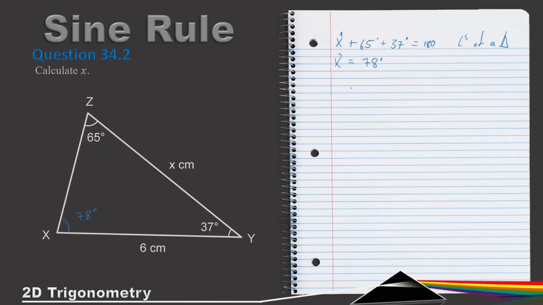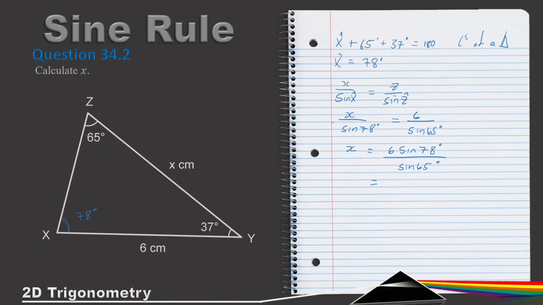So we can go ahead and say x over sine x equals z over sine z, big Z, and then substitute in the values. X over sine of 78 degrees is equal to 6 over sine of 65 degrees. So solve for x, then it's 6 sine 78 over sine 65 degrees.